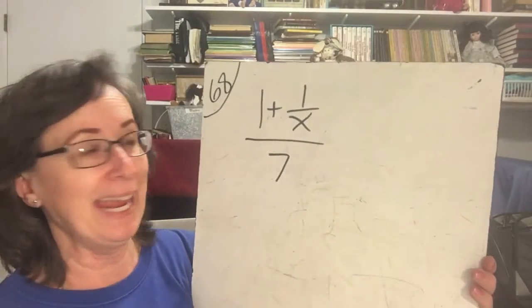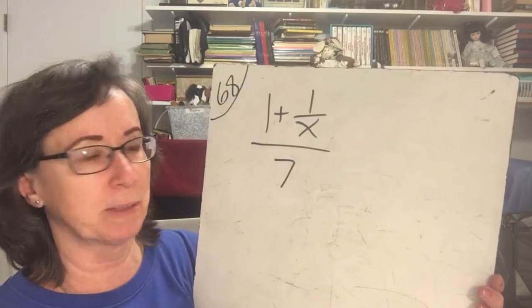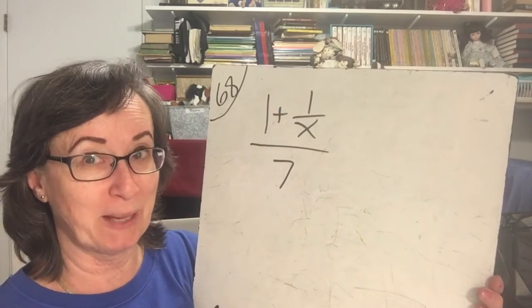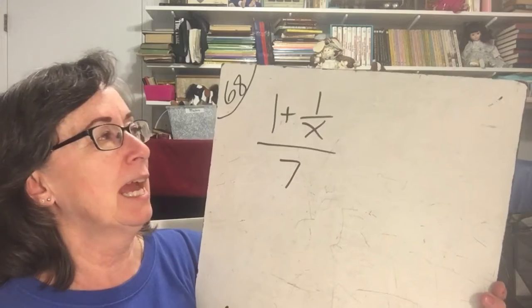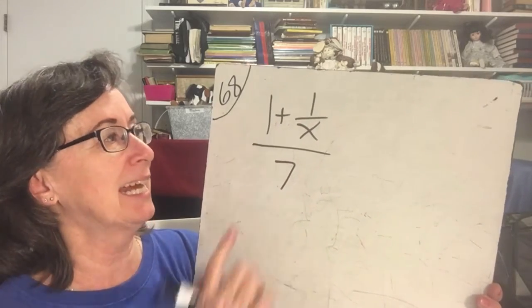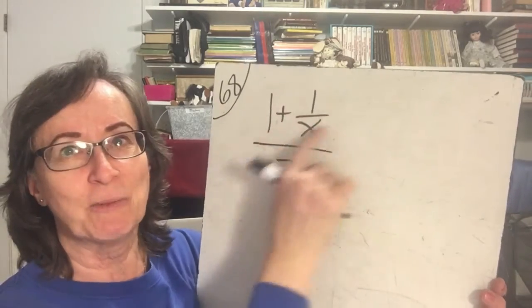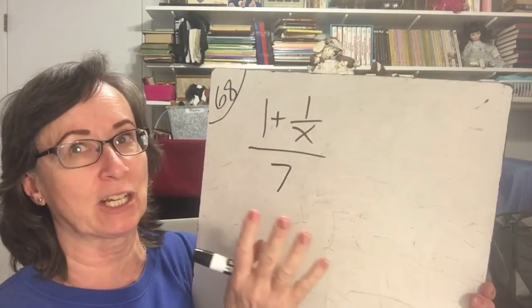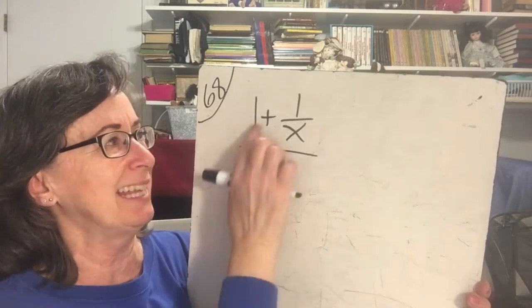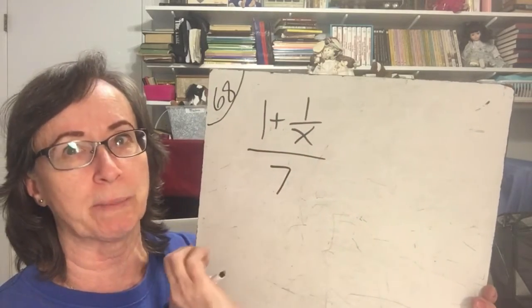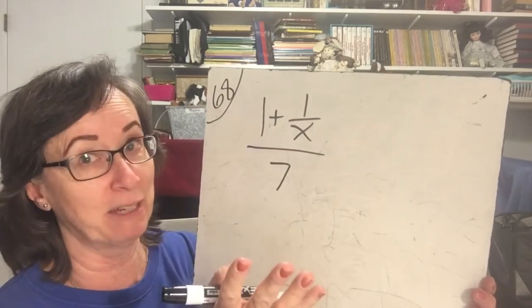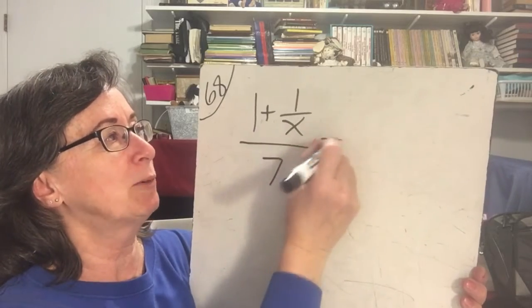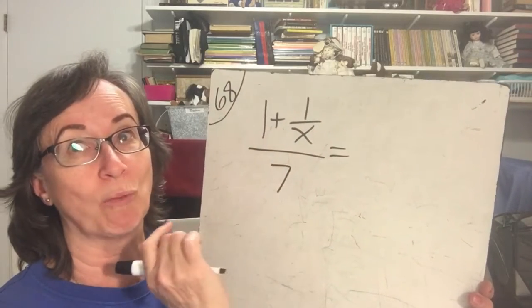Okay, now this is example 68-2, and I have a little problem. I'm going to do this one two ways also, okay? The first way I'm going to do it is I'm going to say, I got this rational expression, but this part's giving me trouble. I'm just going to get a common denominator and add these two things together and then worry about the 7. That's a valid way to do it. So I'm going to say, well, let's just change the 1.